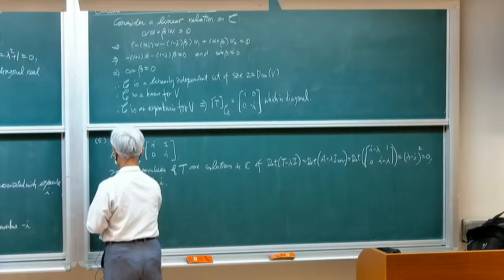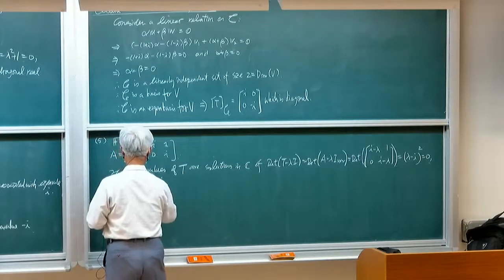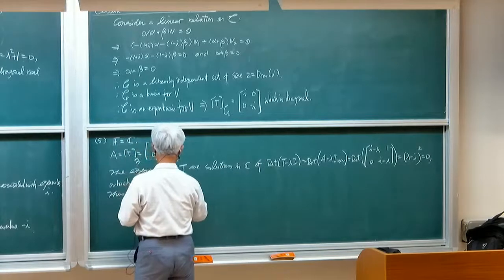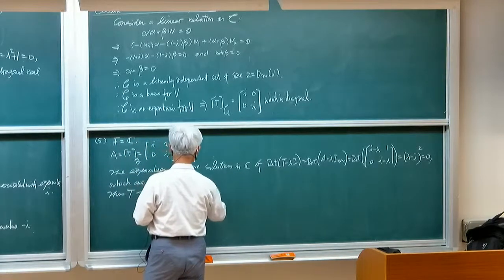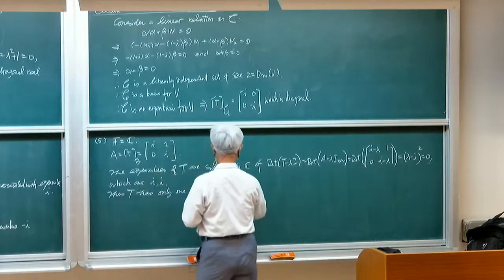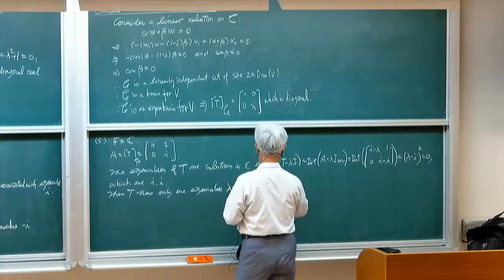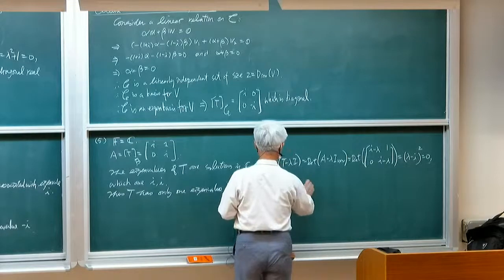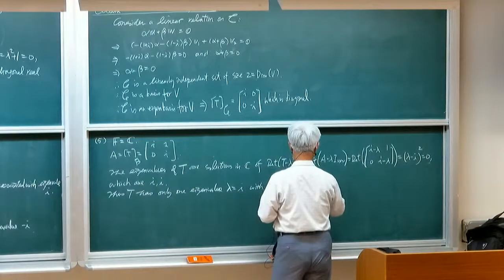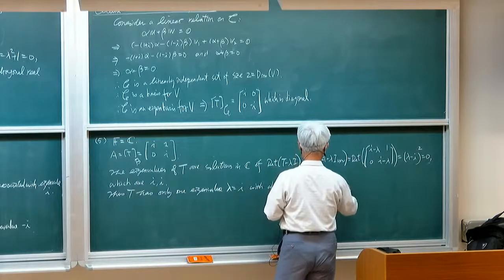All right, so thus T has only one eigenvalue, lambda equal to i, with algebraic multiplicity 2.